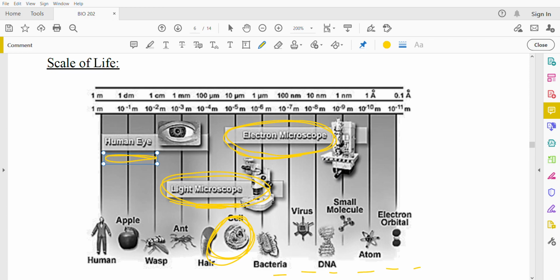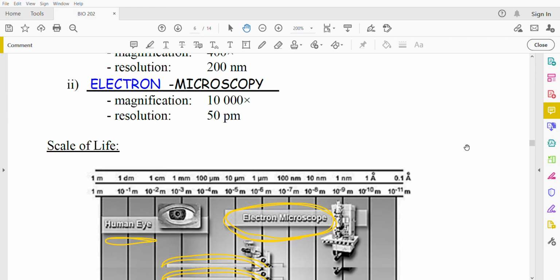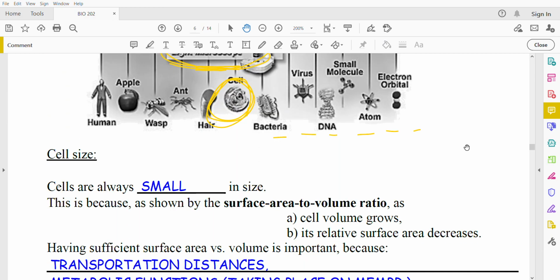Study of atoms and subatomic particles is where we're pushing the boundaries at the moment. But to study cells, we could do that with both light microscopes and electron microscopes, and a little bit with the naked human eye as well. So that was about the microscopy.